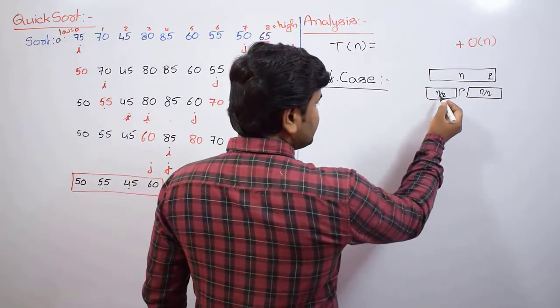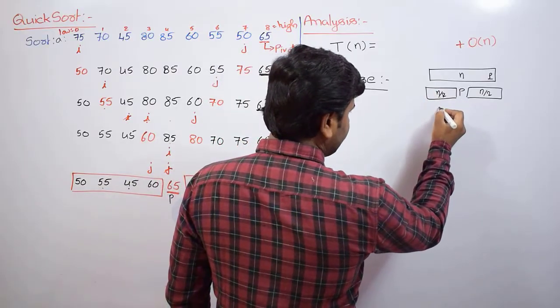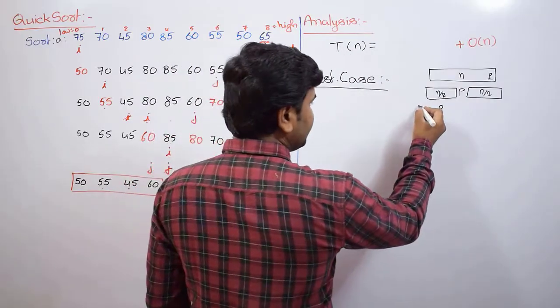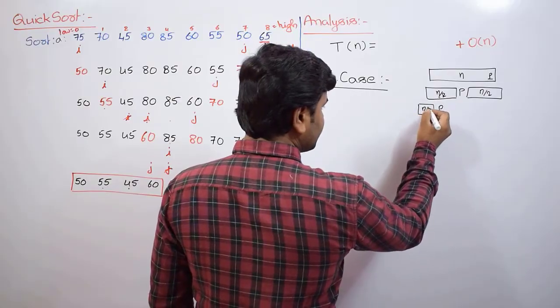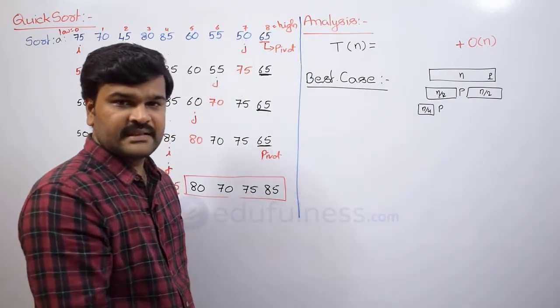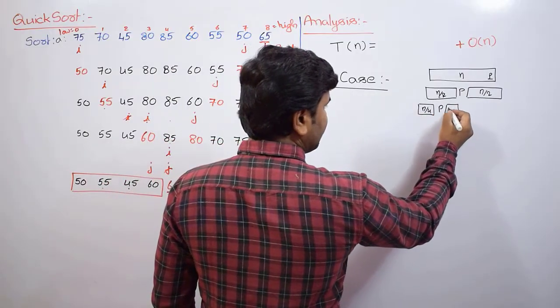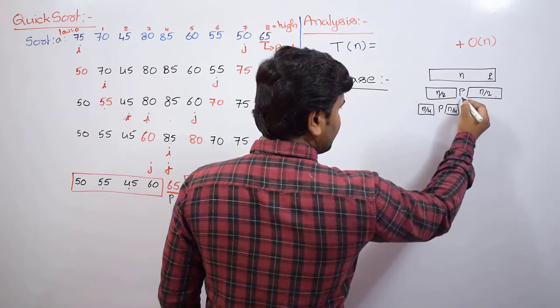Then when you are solving this subproblem, here also the pivot element is placed in the middlemost position. So even here, this is n by 2, which is going to be divided into two equal parts, n by 4 and n by 4.